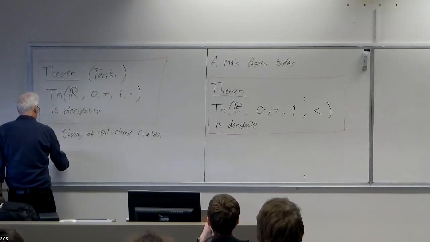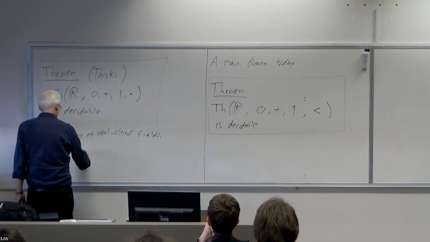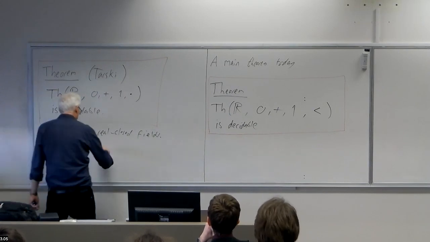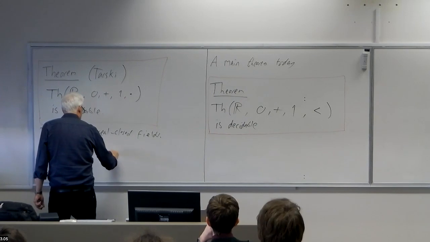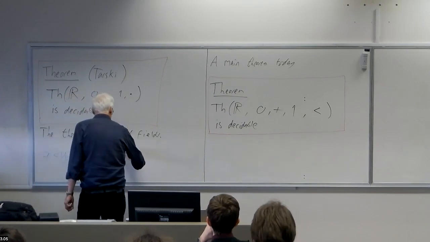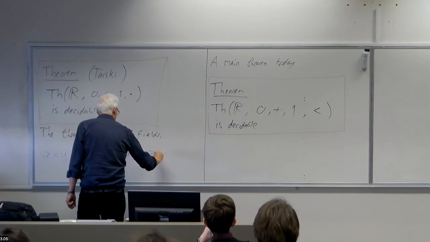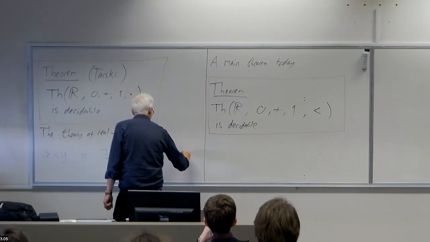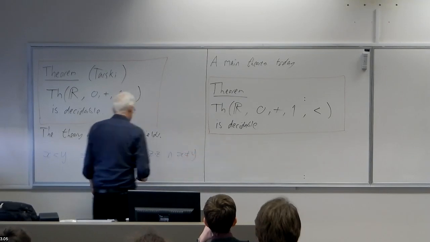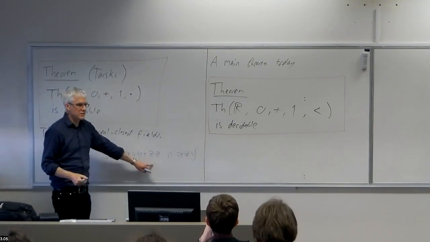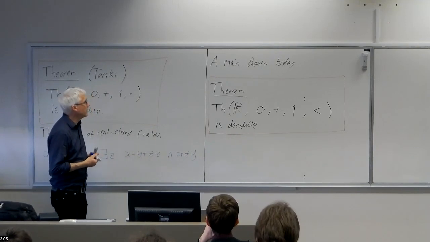You can define x is less than y as: there exists a z such that x is y plus z times z squared, and x is not equal to y. Maybe use the fact that square numbers are non-negative here.